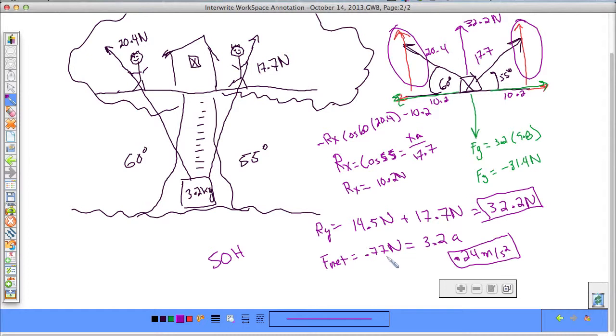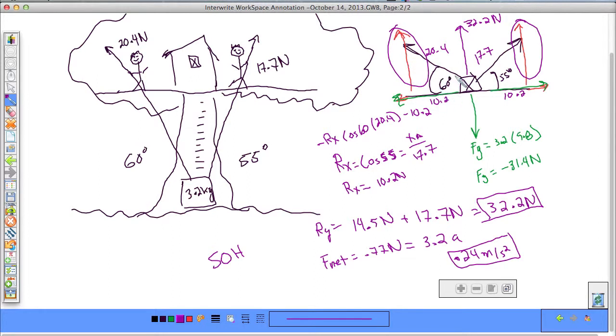They have a total of 0.77 newtons in the upward direction left over, because they ended up with 32.2. So looks like we've got that problem easily figured out.